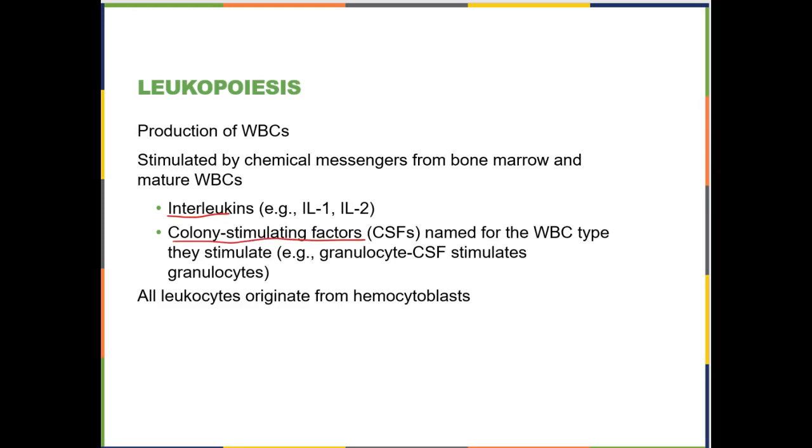So when those hemocytoblasts are exposed to different combinations of interleukins and colony stimulating factors, that is what directs the development of one white blood cell type versus another white blood cell type. So just remember those two terms. Don't worry about any of the numbers here. There are more interleukins than I can even remember. But also do recall that all of your formed elements come from the hemocytoblast.